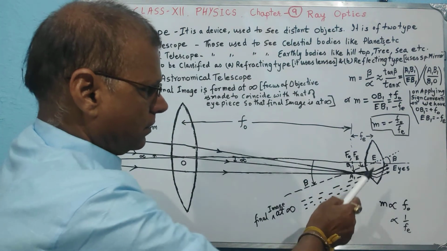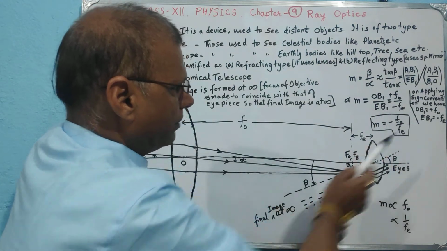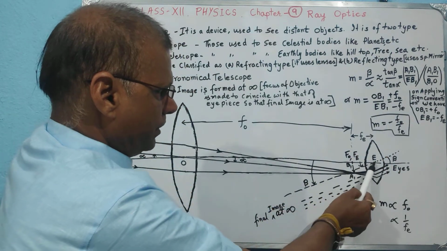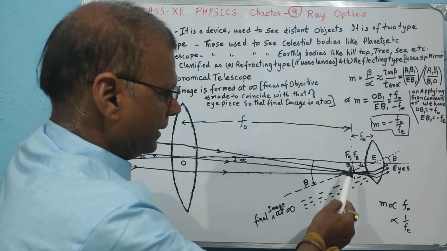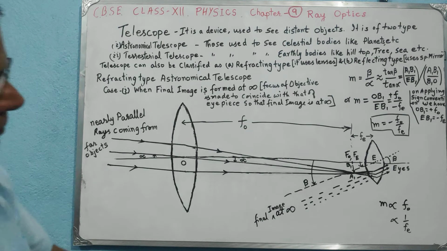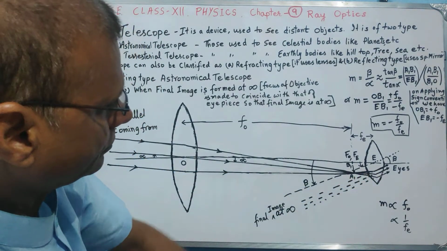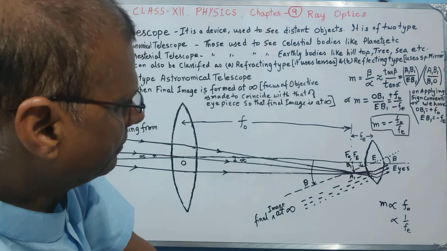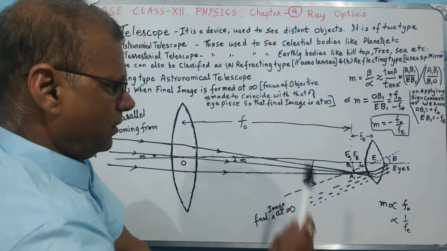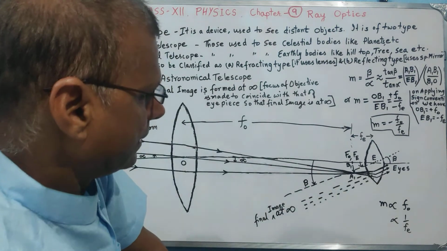Now we have the value EB1. EB1 is the focal length of the eyepiece. In this case we need to take a negative sign because we are measuring this distance against the incident ray.